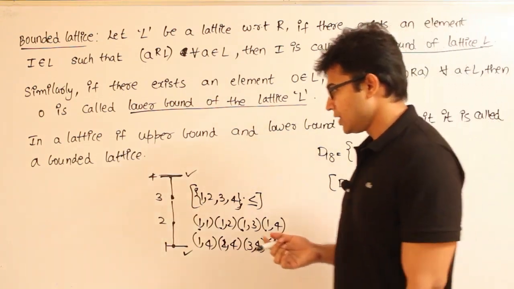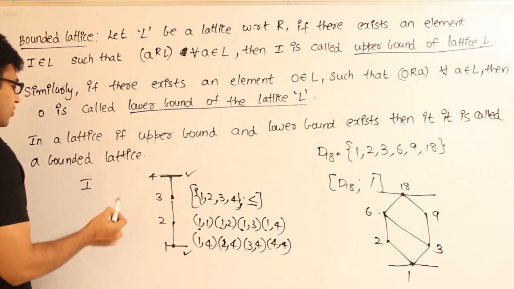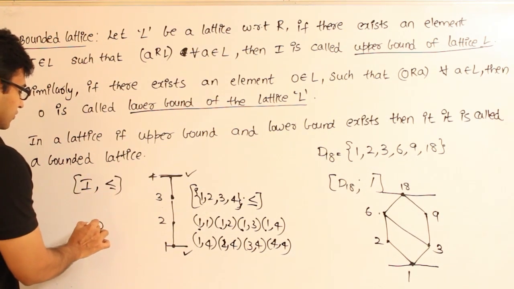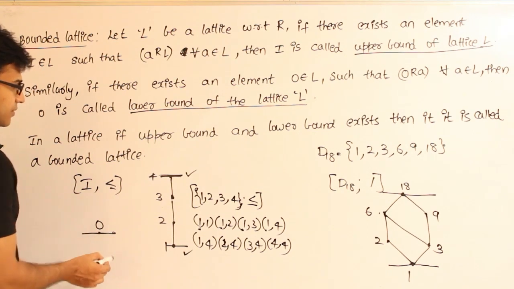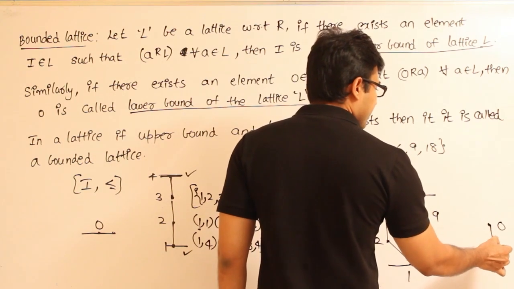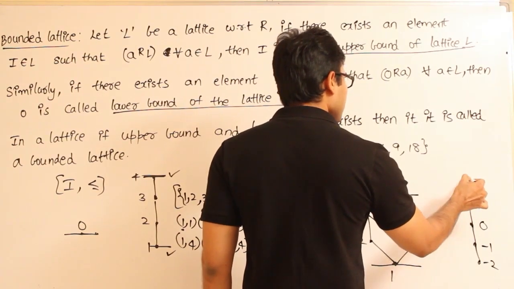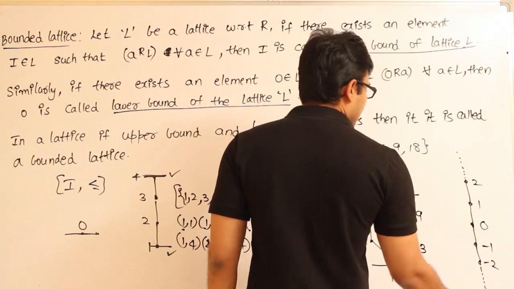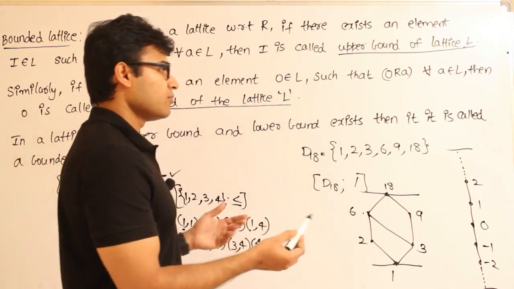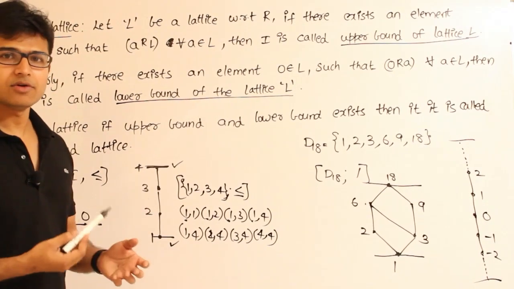For example, take the set of all integers with less than or equal to as the relation. 0 will be here, minus 1 here, minus 2 here, 1 here, 2 here, and so on. There will be no lower bound and upper bound, no finite numbers. That is why they are unbounded. So every finite lattice is bounded. That is one other way to define it.